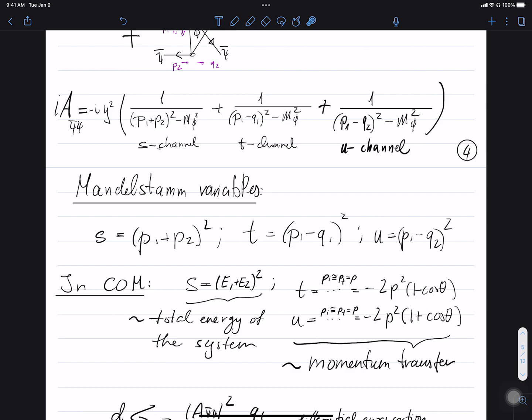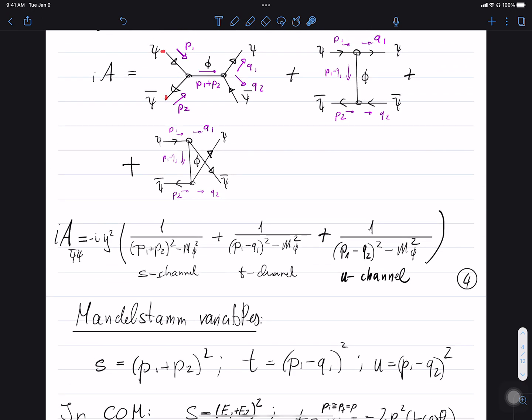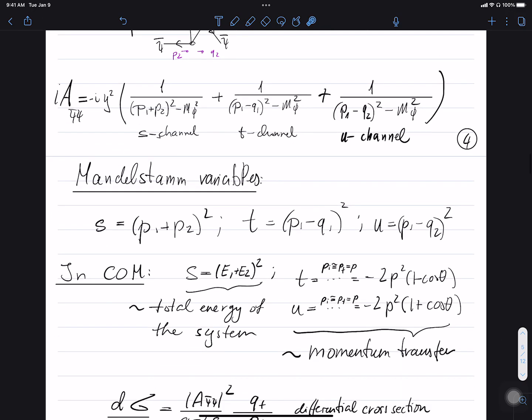So S is the sum of the initial momenta P1 plus P2, squared. T is the difference between the initial and the final momentum squared, and U is the difference between the initial and the other final momentum squared, basically corresponding to the sum here, the difference here, or the difference here. They represent the momentum exchange in those diagrams.